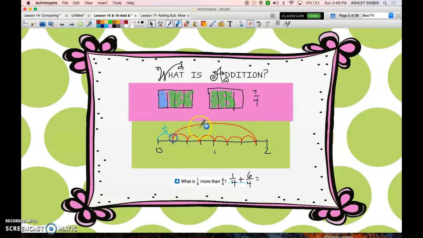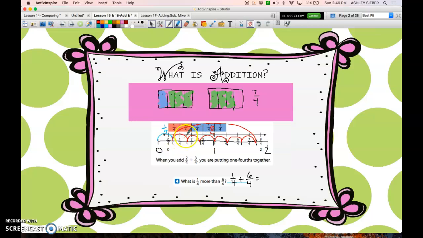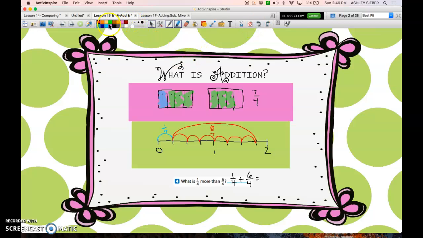So this whole space is 6/4. Now I'm going to count all of my fourths together. 1/4, 2/4, 3/4, 4/4, 5/4, 6/4, 7/4. So 1/4 plus 6/4 is 7/4.